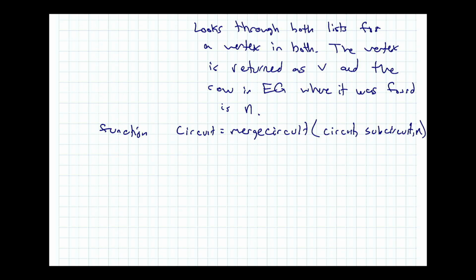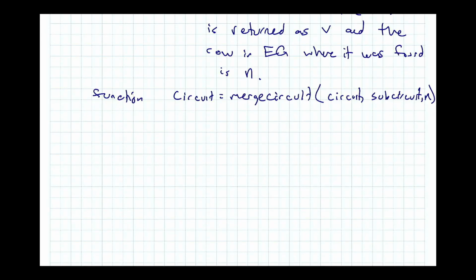And what it will do is it will simply insert subcircuit into circuit after row in and return the result.